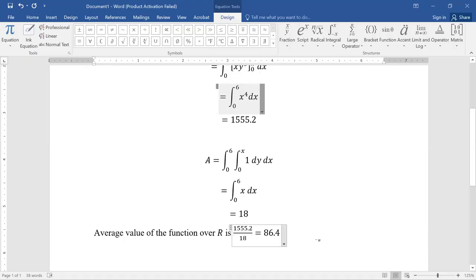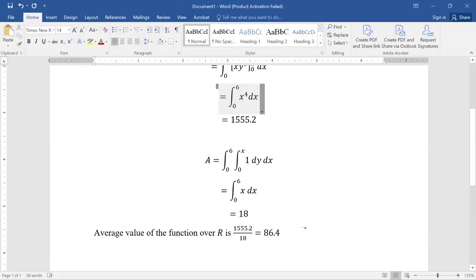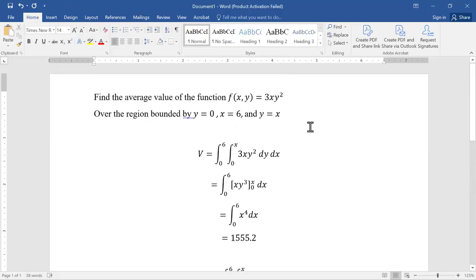So the average value of this function over the region R is 86.4. Again, it's this function's average value over that region.